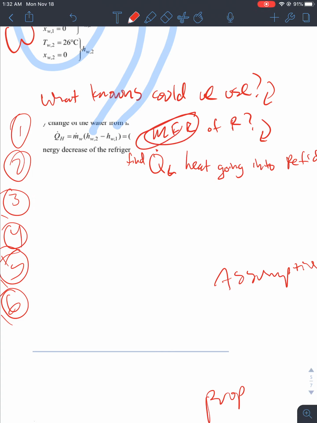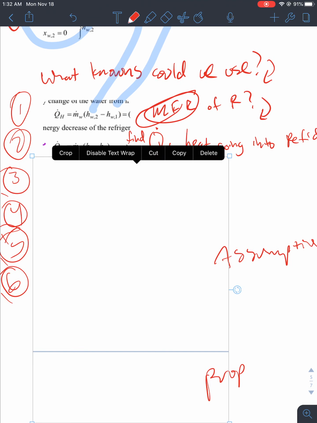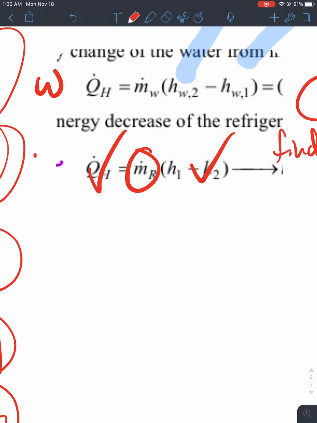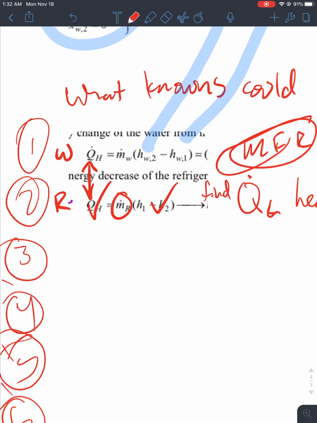Okay, let's find the mass flow rate. That's the next thing. Use the mass flow rate equation of the refrigerant. Same as this equation, except here we don't know this, and we know this, this, and this. This is for water, and this is for refrigerant, and they are equal to each other.